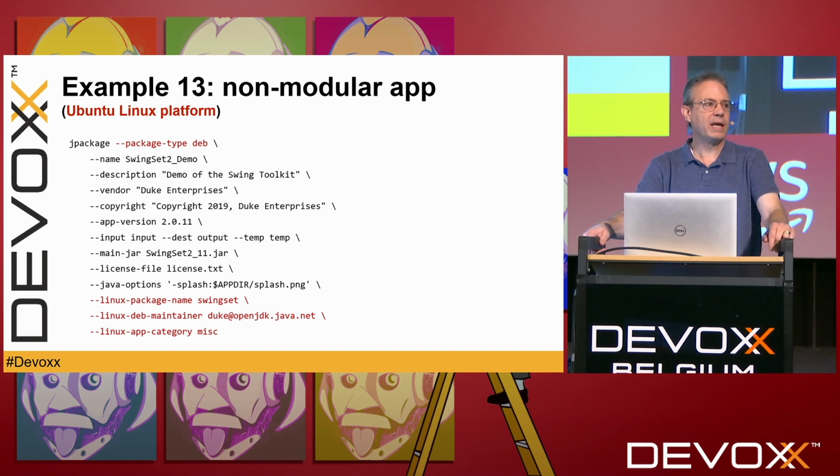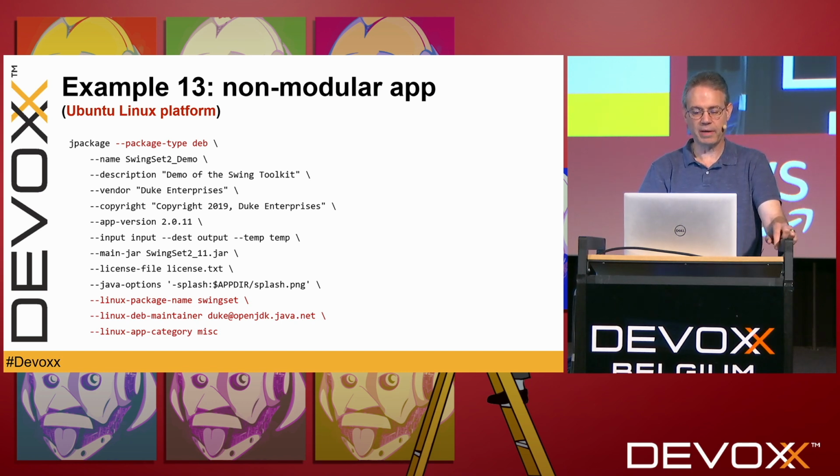On Debian and RPM, we've got a few additional options because they have a very sophisticated package management scheme, and we want to make sure that application vendors can hook into that. So this shows an example of using a couple of the Linux-specific ones as well as a Debian Linux-specific option to specify the Linux package name as well as the maintainer field for Debian packages and the app category, which shows where it goes within the application layout.